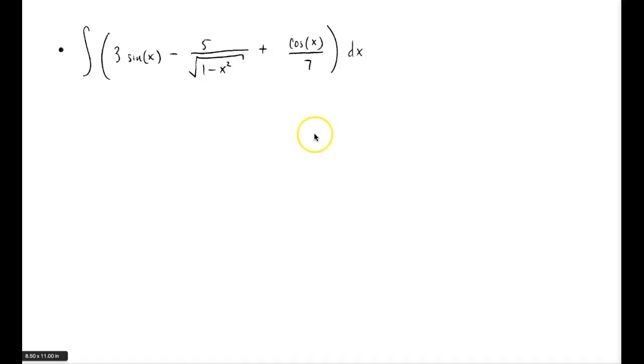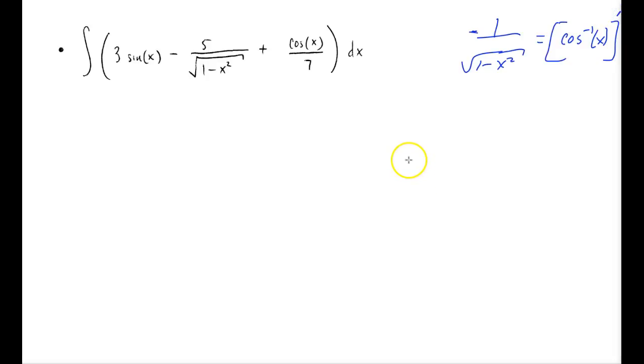So in looking at this, we have to remember that negative 1 over the square root of 1 minus x squared actually equals the derivative for cosine inverse. I'll just do that in prime notation.